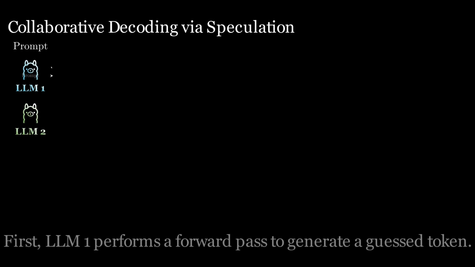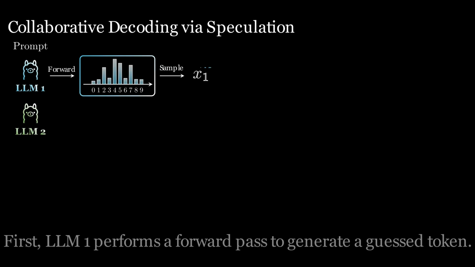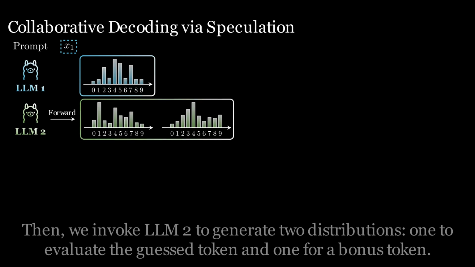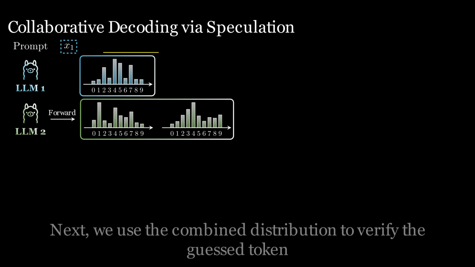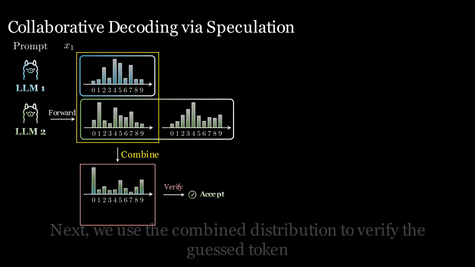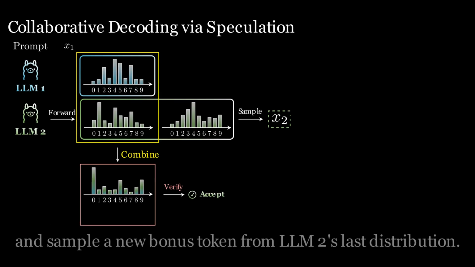First, LM1 performs a forward pass to generate a guessed token. Then, we invoke LM2 to generate 2 distributions, one to evaluate the guess token and one for a bonus token. Next, we use the combined distribution to verify the guess token, and sample a new bonus token from LM2's last distribution.